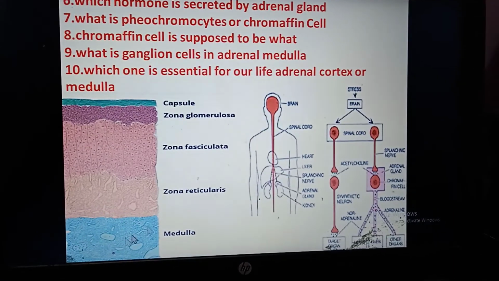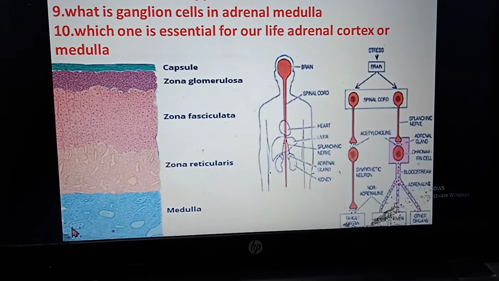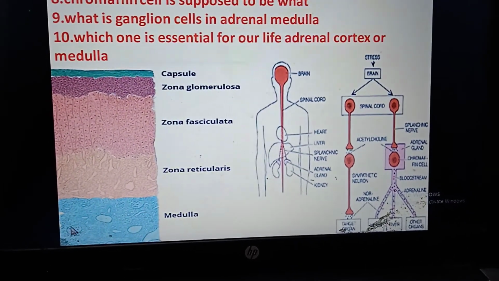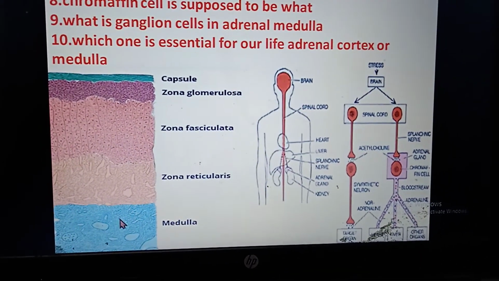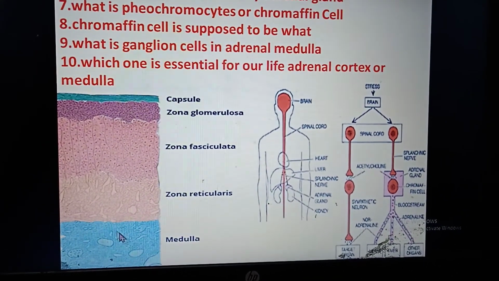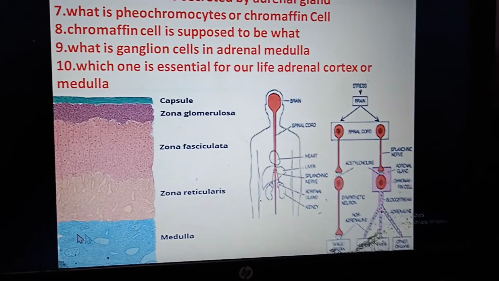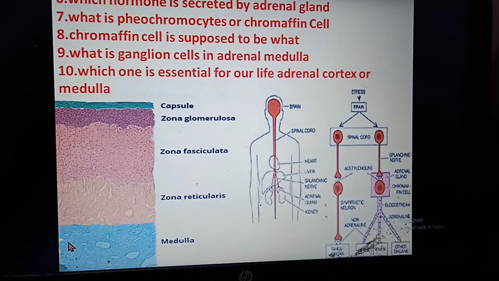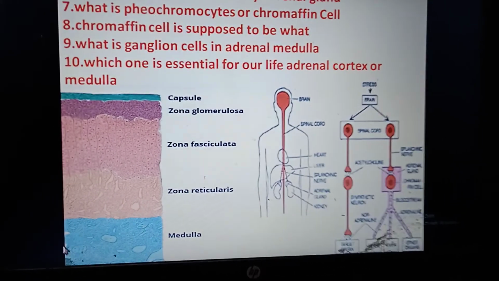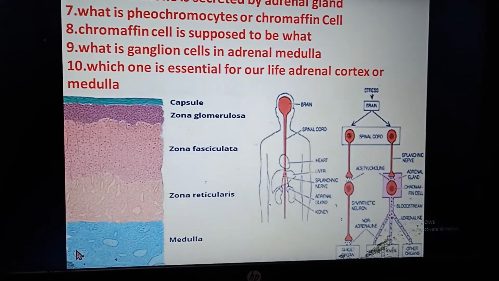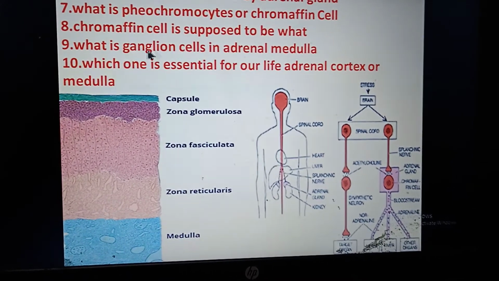In the adrenal medulla, there is not only the chromaffin cell, also called pheochromocyte, but here also there is the ganglion cell, which is a parasympathetic neuron. Every viscera is supplied by autonomic nerve, that is sympathetic nerve and parasympathetic nerve. This chromaffin cell is the postganglionic sympathetic nerve, whereas the ganglion cell is the parasympathetic nerve.